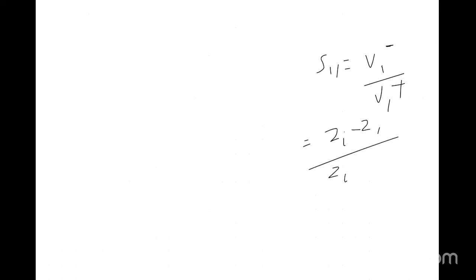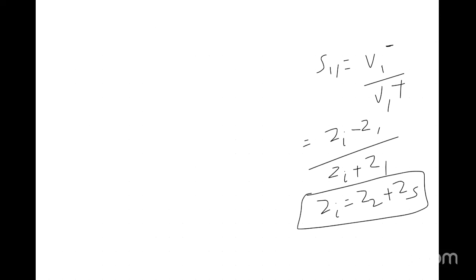What will we get for S11? S11 equals output minus input. Output is represented with minus. Input is represented with plus. The formula we write is Zi minus Z1 by Zi plus Z1, where I am choosing Zi equal to Z2 plus Zs. What is the formula for S11?